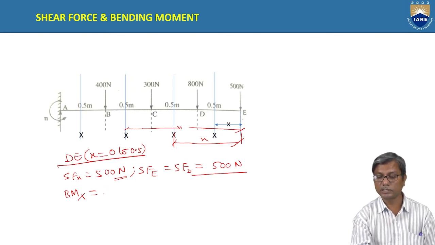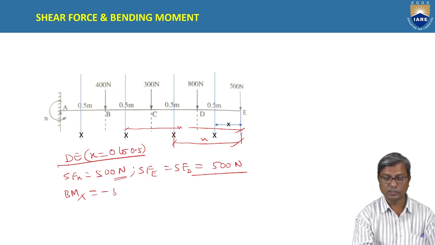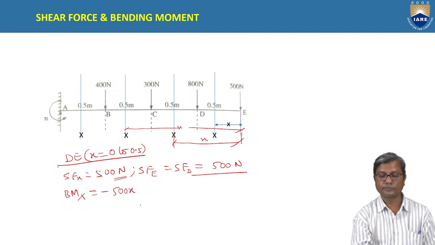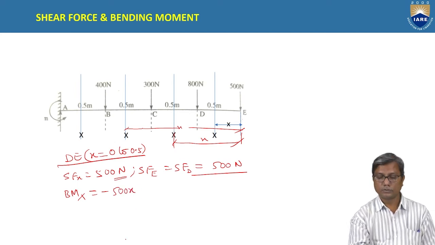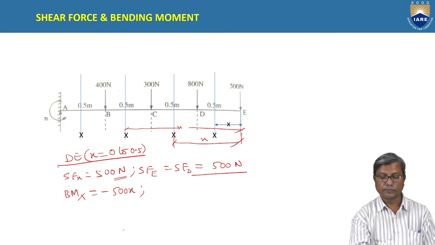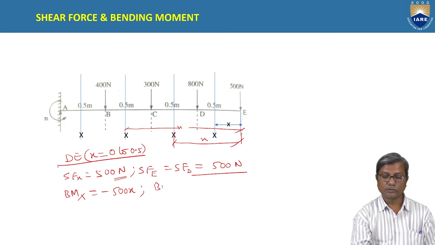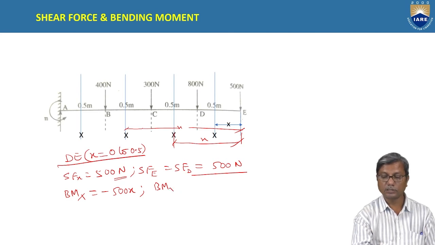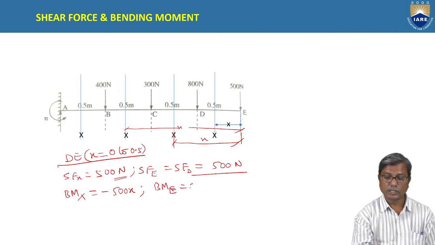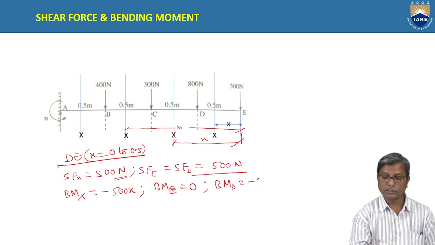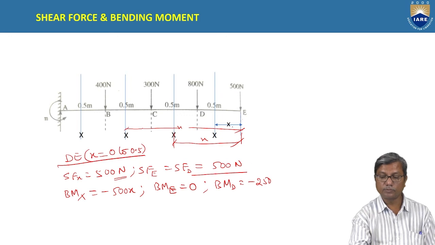What is the bending moment at section x? It is minus 500x, negative because it is hogging. Now substituting the values of x, we get the bending moment at E as 0 and the bending moment at D as minus 500 into 0.5, which is minus 250.